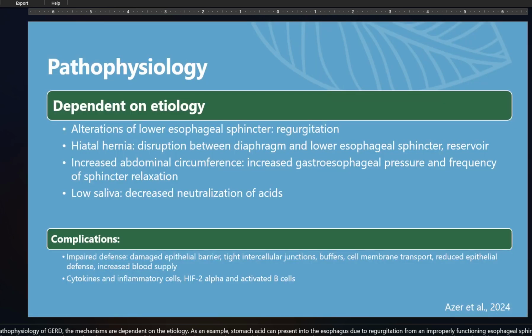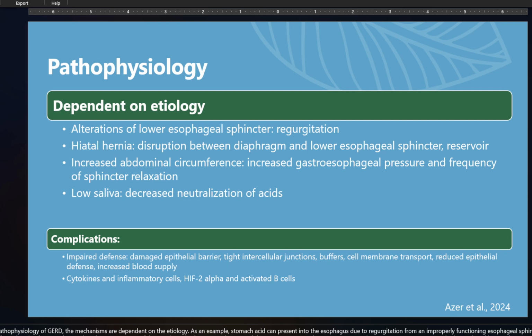When covering the pathophysiology of GERD, the mechanisms are dependent on the etiology. As an example, stomach acid can present into the esophagus due to regurgitation from improperly functioning esophageal sphincters. This can be a result of a multitude of reasons, but is often due to poor tone of the esophageal sphincter, resulting in the inability to contain stomach contents.